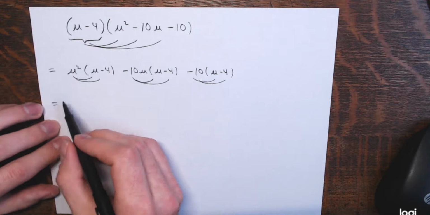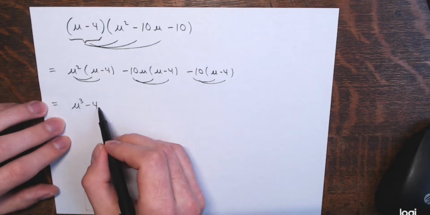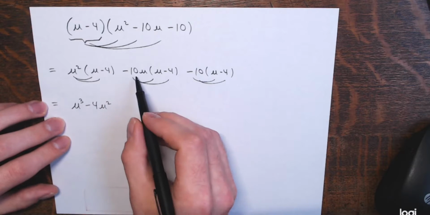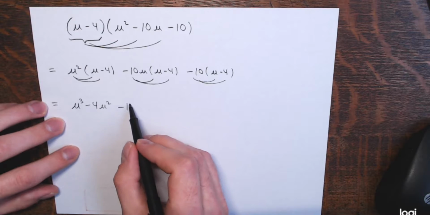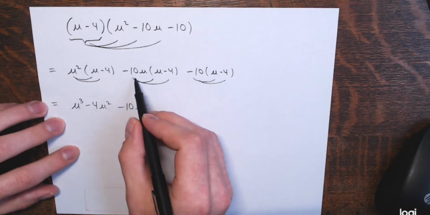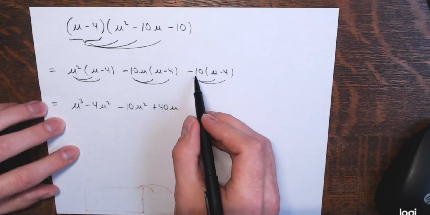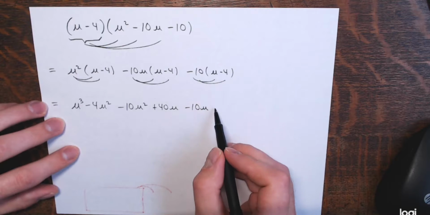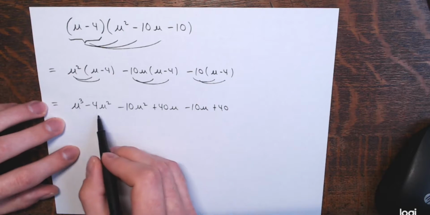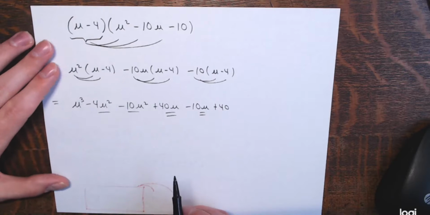So here I'd get u cubed minus 4u squared. From the middle product, I'd have negative 10u squared, and then plus 40u. And then from the last product, I have minus 10u, and then plus 40. And then combining like terms, I got some u squared terms and some u terms to put together.